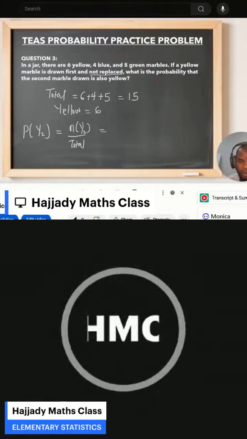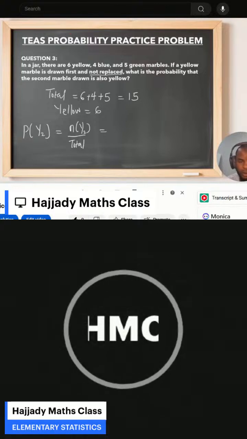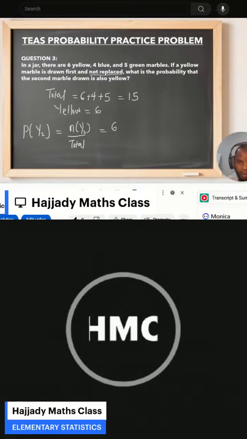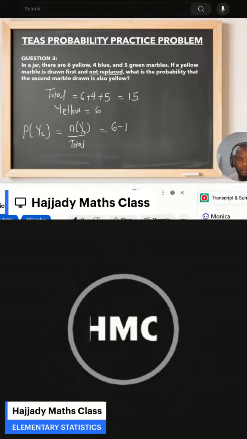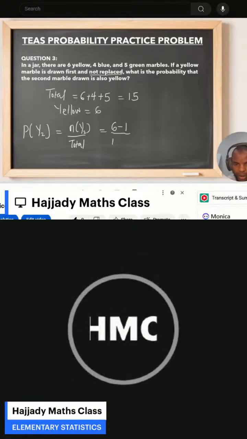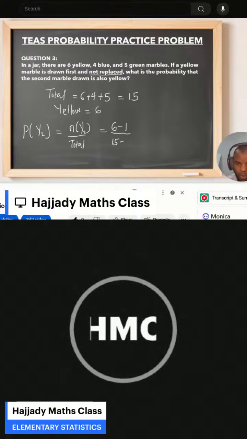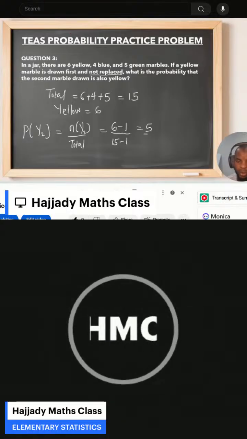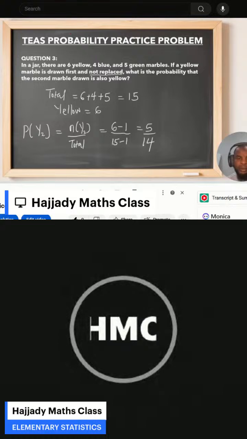So in that case, since the first yellow marble drawn was not replaced, the number of yellow is going to be 6 minus 1, which is 5. And our total was initially 15. The first marble was drawn and not replaced, so the total is going to decrease also by 1. So here we have 5 over 14.